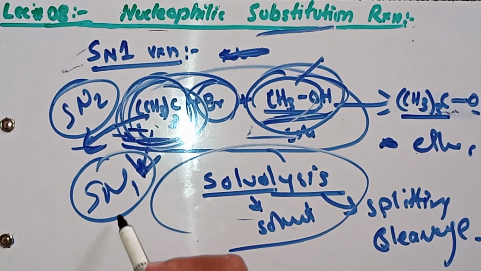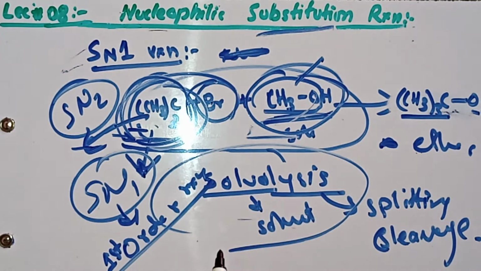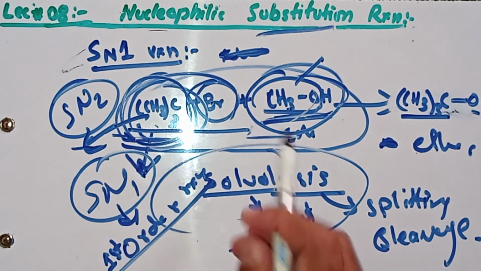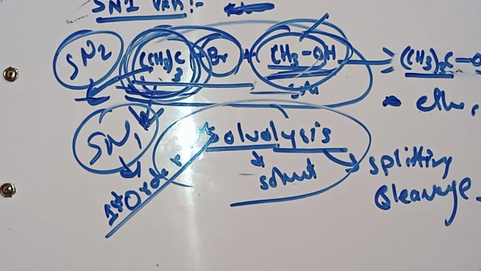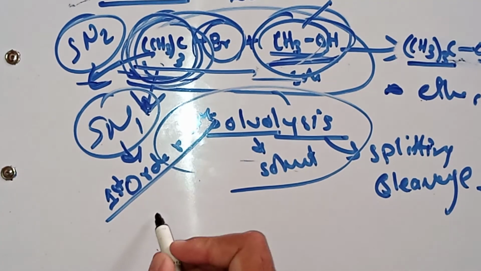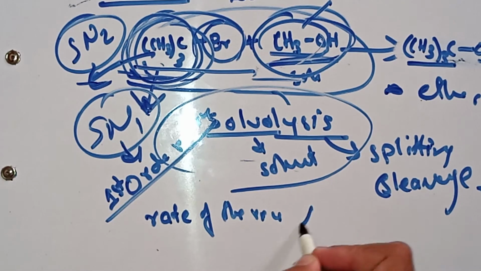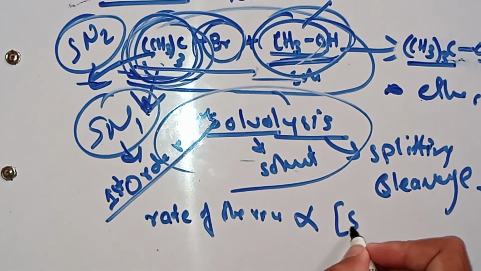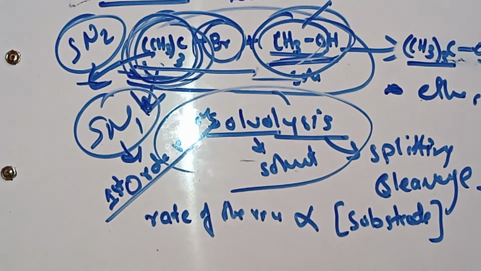Sn1 reactions are mostly first order reactions. It means the rate depends only upon the concentration of the substrate, not on the concentration of the solvent.